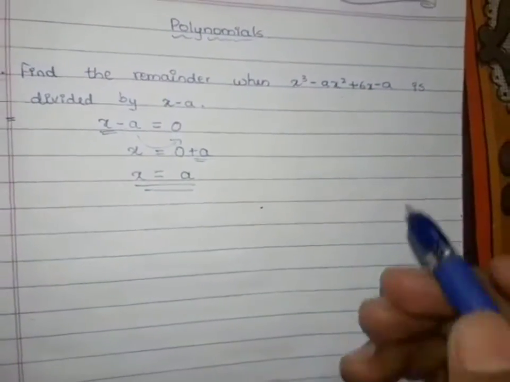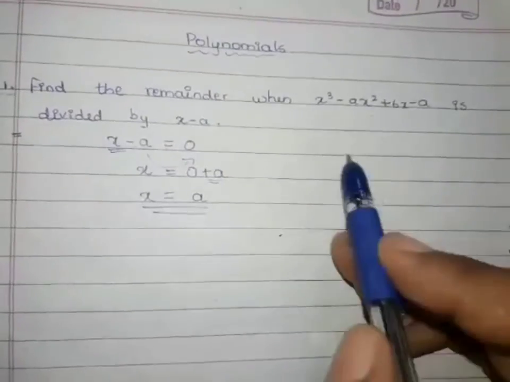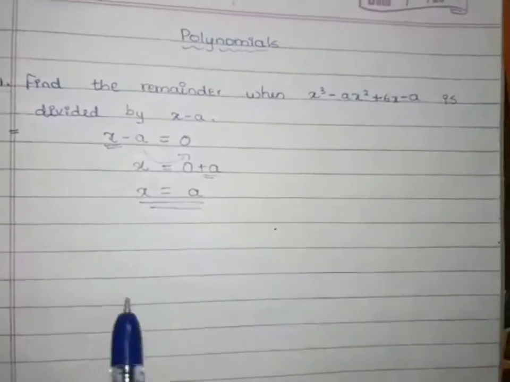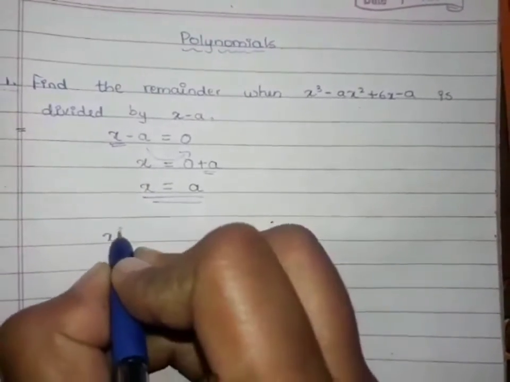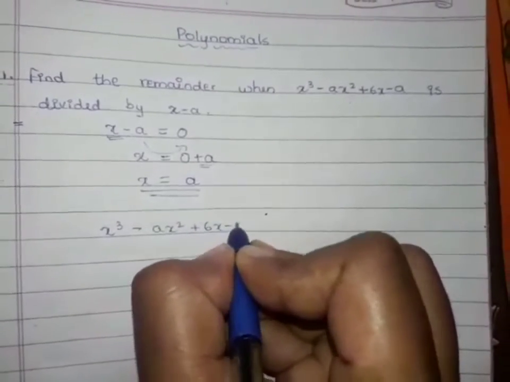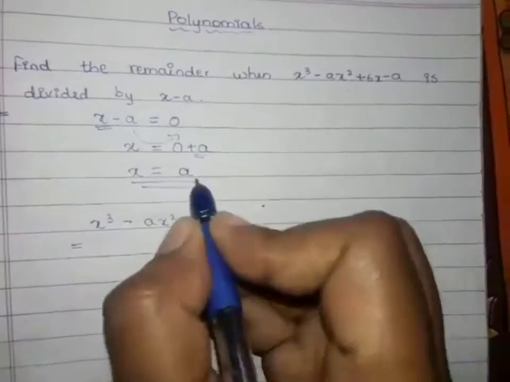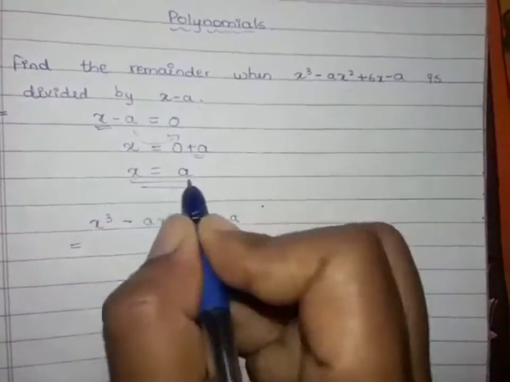So what we should do is put it in the dividend. In the place of x we have to put a. Let us first write down the dividend, x cube minus ax square plus 6x minus a. So this is our dividend. Wherever x is there we have to put a, because we got x is equal to a.